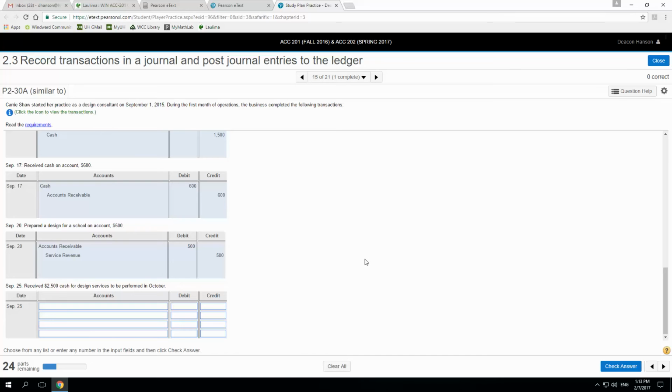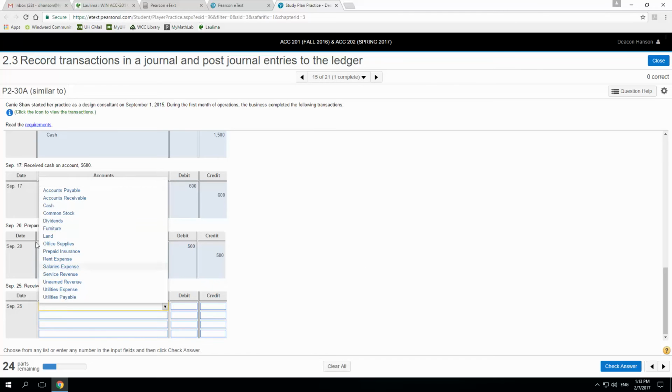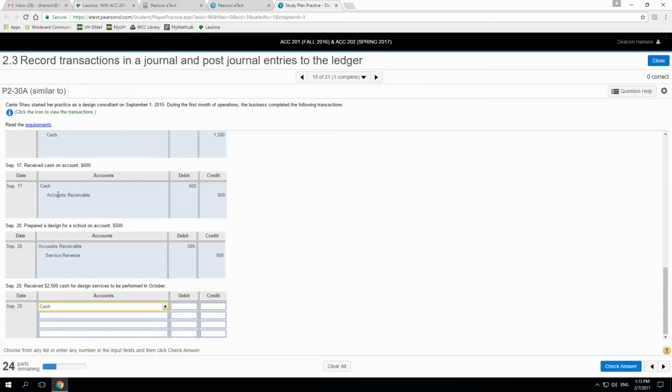Okay? We received $2,500 cash for design services to be performed in October. So this is the opposite, right? We're getting cash, but we haven't done the work yet. So you see the word received, you can split that out and do that separately. Think about receiving. We receive cash, cash has to increase, we'll debit cash.